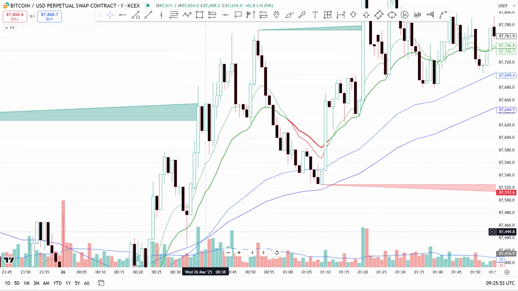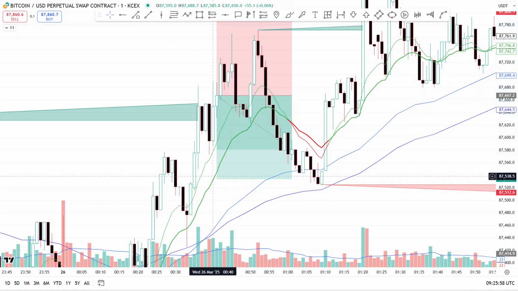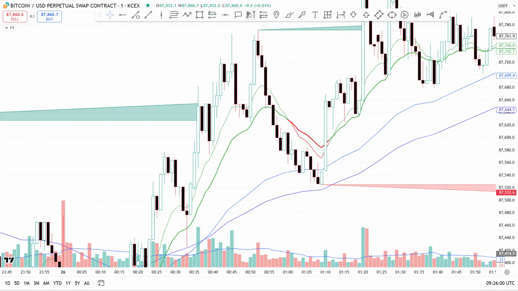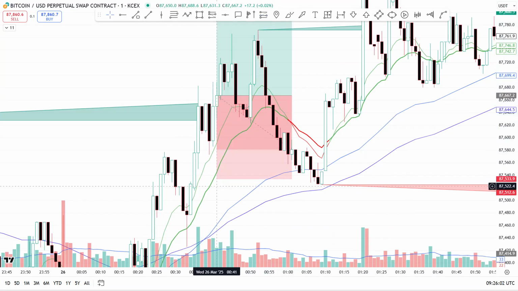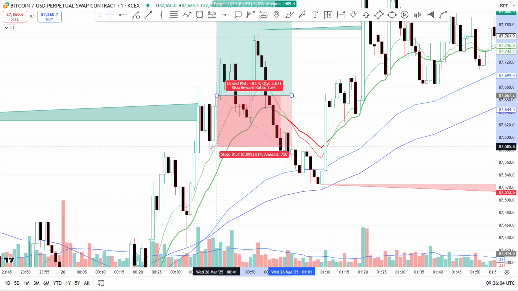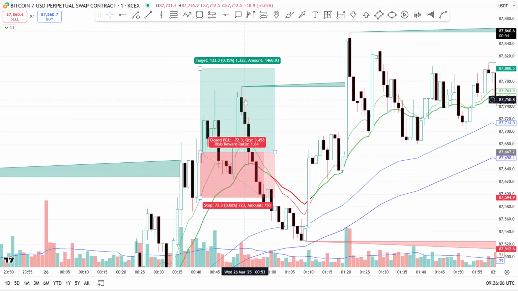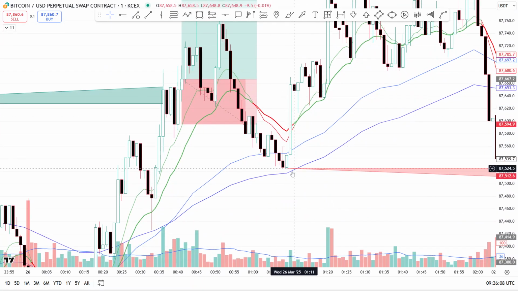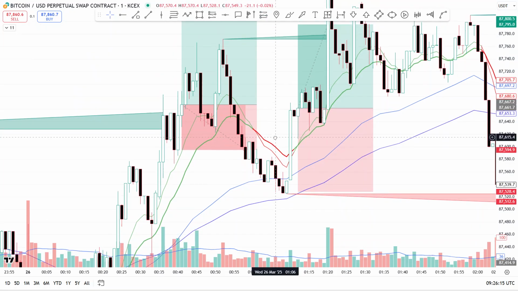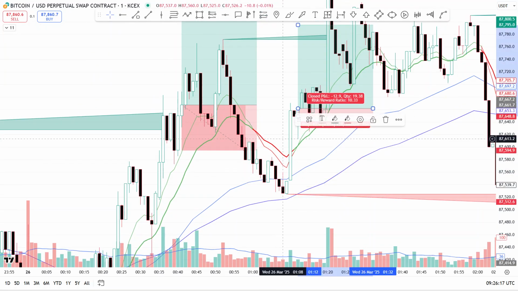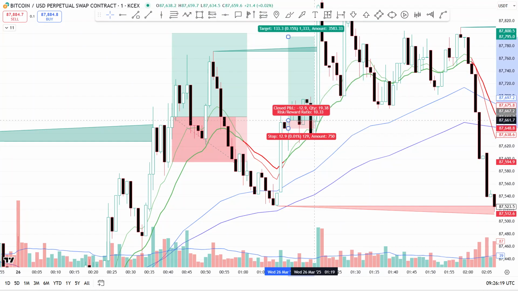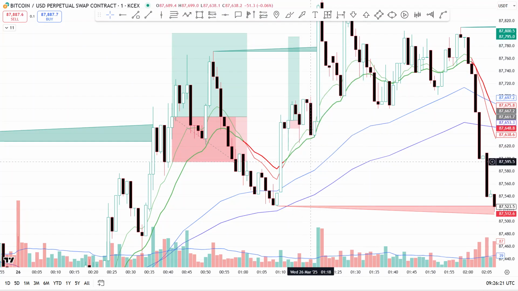Let's say it flipped here and you enter on this break of structure, you have your stop loss at the interim low, you lose that one and then you come back here and then you have a market structure break and break of structure, enter there, and you put your stop, very tight stop over there, you would have lost it.